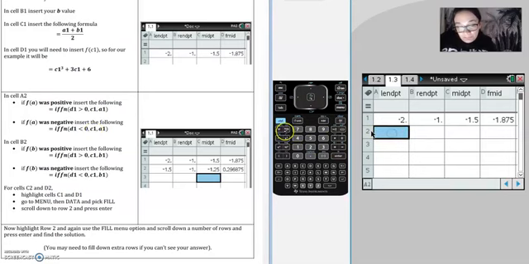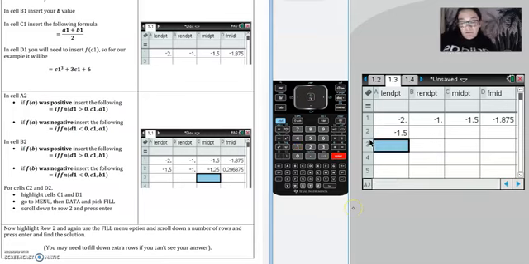It will be equals, now if, or Fn, and then bracket, and we're going to put in D1 less than 0, comma, C1, comma, A1.